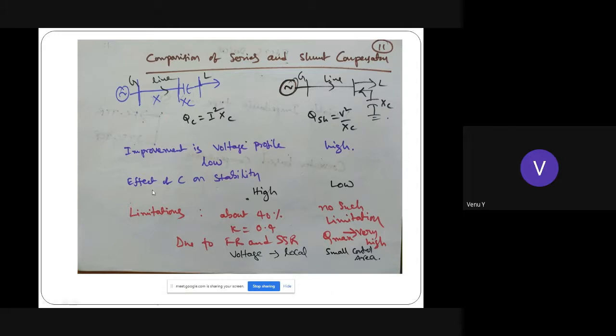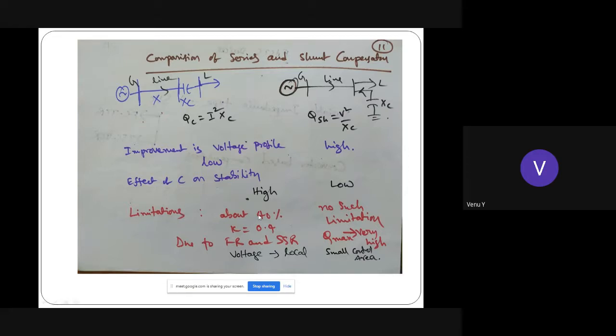Therefore, the effect of the series capacitor on stability is very high compared to the shunt compensator. This is another important point and one of the distinguishing points between these two compensators. Very important point, please make a note. I have already given the detailed explanation.